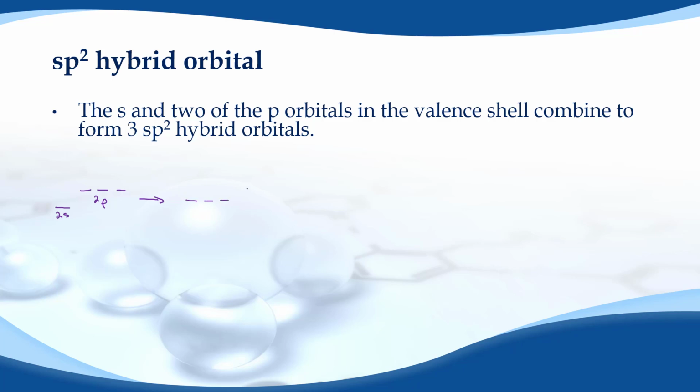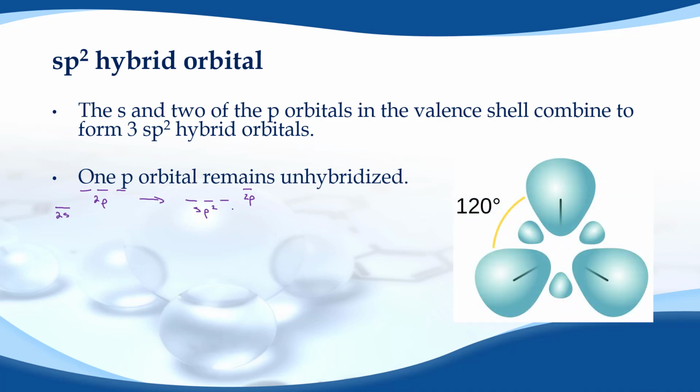It's still its normal ordinary p orbital. Okay, so we get that. This is what it looks like to the right. It forms a flat geometry, 120 degrees between all the different bonding orbitals. And then that p orbital will actually do something we'll get into in a couple of minutes. All right, so this is an sp2 hybrid.